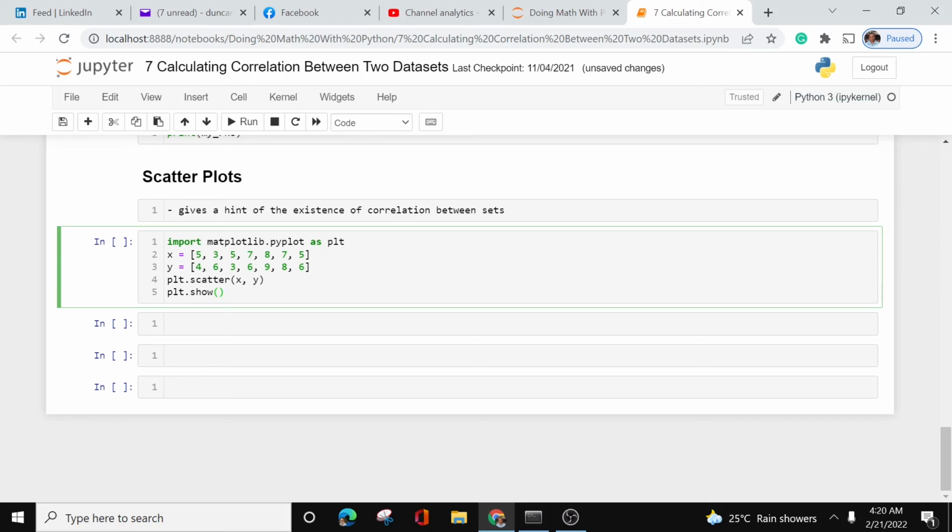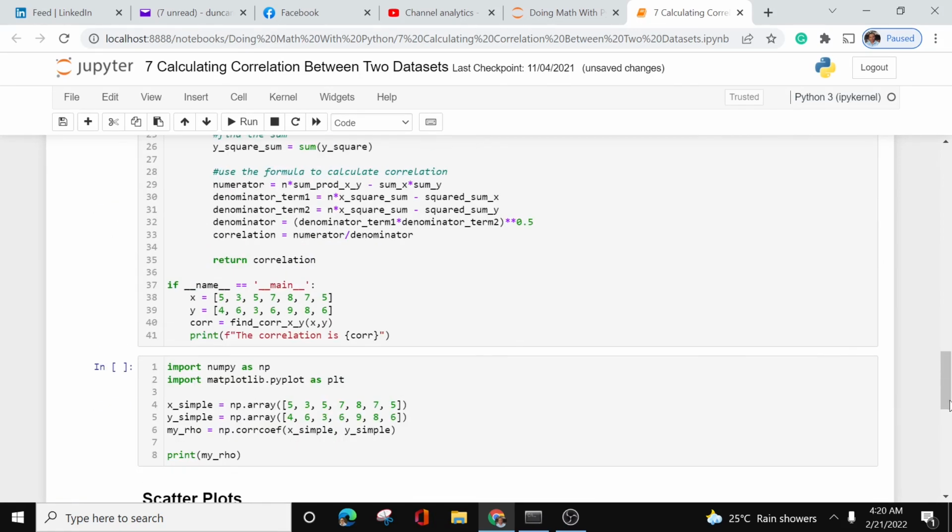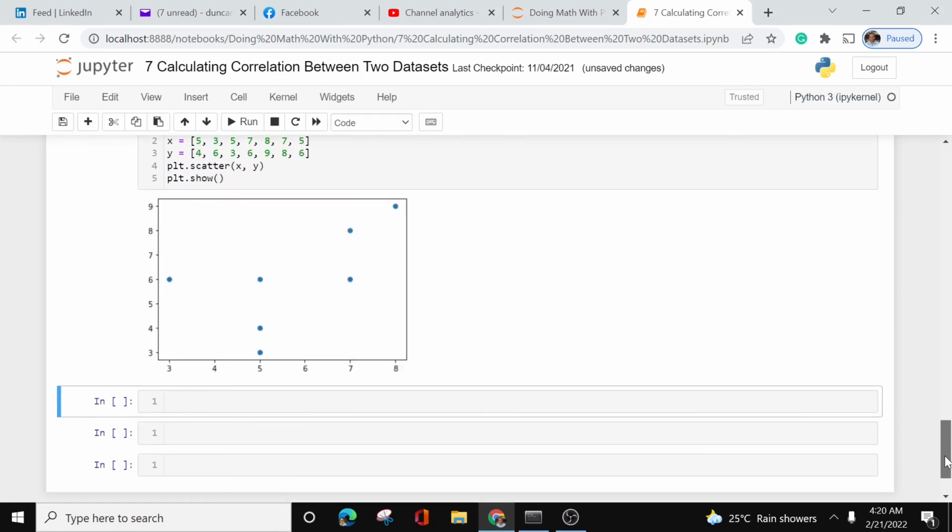So let's execute this. Okay, so now there you go. As you can see, there is a strong positive correlation. If we were to draw a line, it could be here. Okay, so that's it, guys.